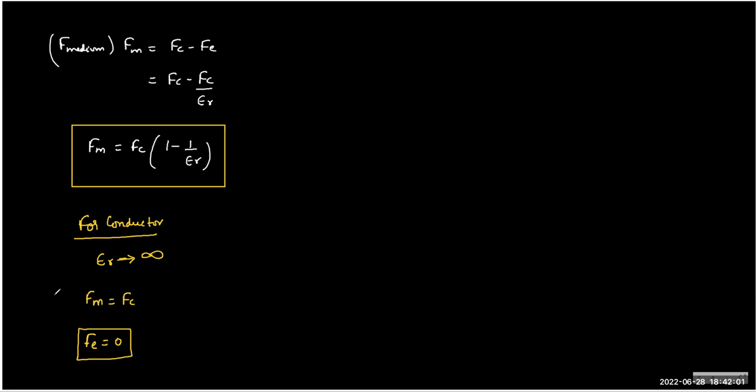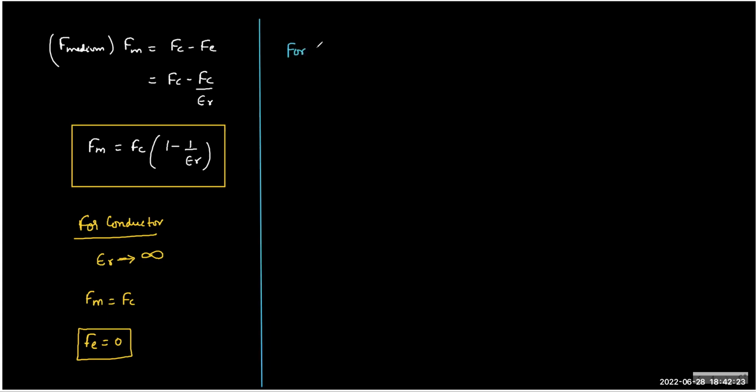We'll come to that in the chapter of Gauss law. In detail, we'll talk about the conductor and its various properties. So every other medium which is not a conductor will have a finite value of epsilon r. I will particularly talk about water. It's very famous.